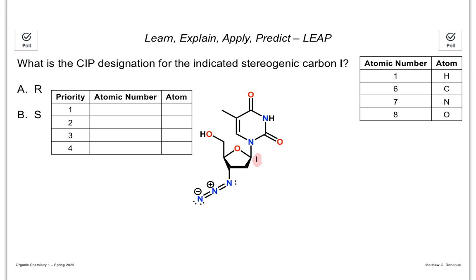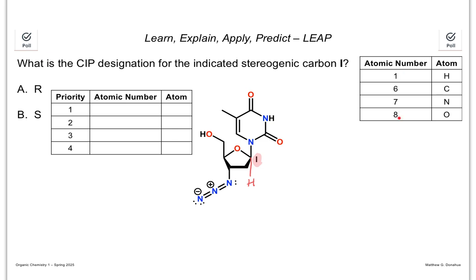So let me draw in the H. We can see that of that carbon, there's a nitrogen, oxygen, carbon, and then hydrogen.